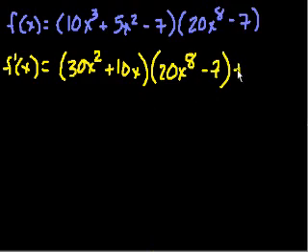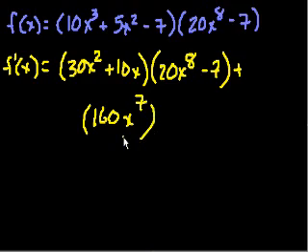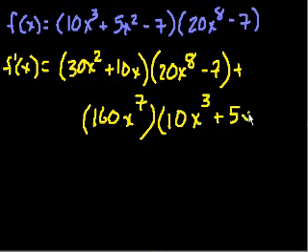And I add that to the derivative of the second expression, which is all in one line, but I ran out of space. 160x to the 7th, right? 8 times 20 is 160. And then the derivative of 7 is 0, so it's just 160x to the 7th times this first expression. 10x to the 3rd plus 5x squared minus 7.